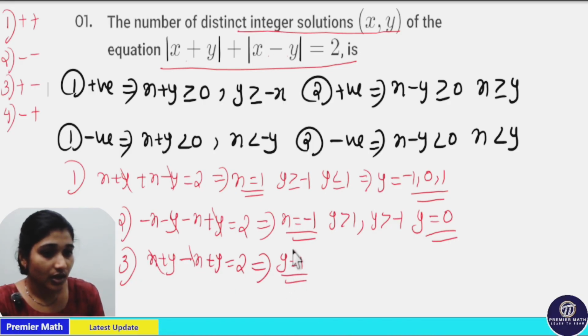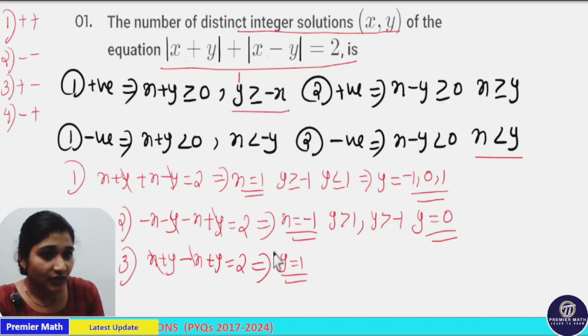So, apply y = 1 in first one positive and second one negative. So, y = 1 means 1 >= -x. If you multiply it with minus, -1 <= x.